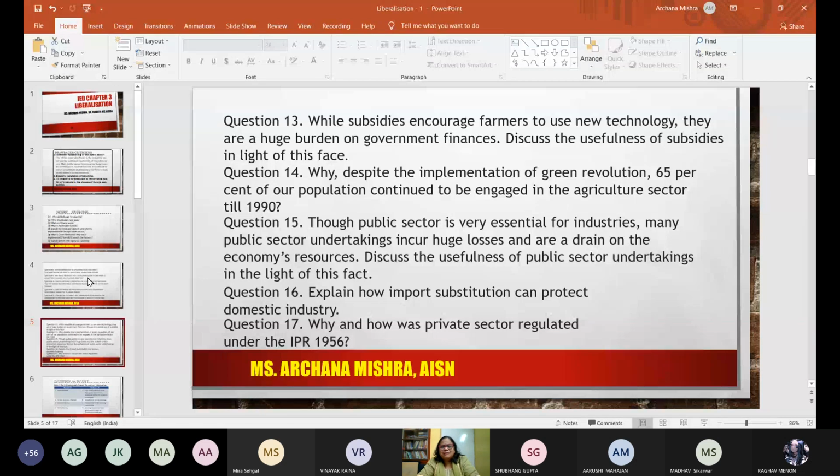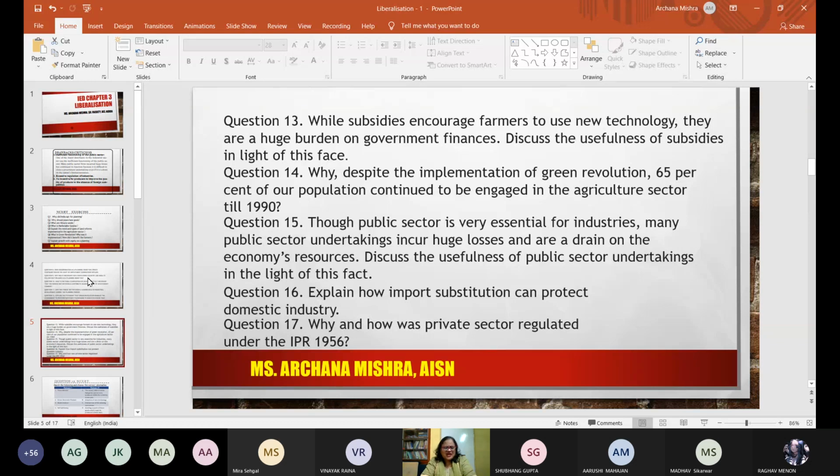So now, the public sector was a huge drain of the economy's resources. So children, again you will talk about the point of backward regions, then the point of less capital, the few industrialists, and of course they were incurring huge losses, but huge manpower planning was there.